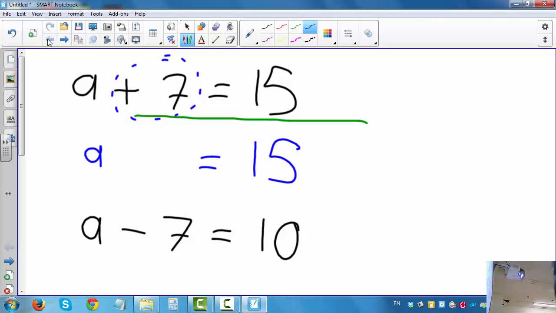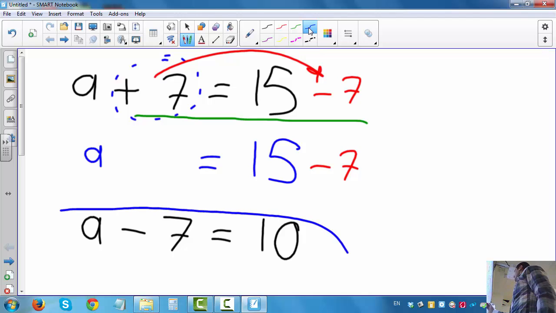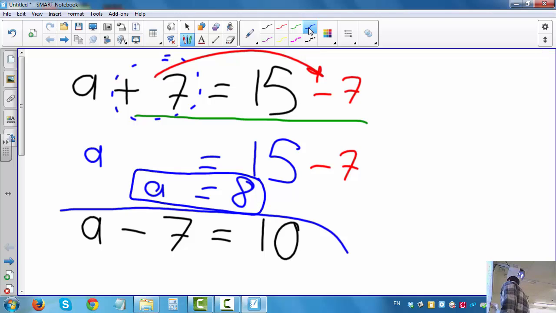It's gonna go to the other side of the equation as negative 7. So I'm gonna make this negative 7. And now all I have left here is A equals 15 minus 7 is 8, and I am done. That's it. That's all you have to do.